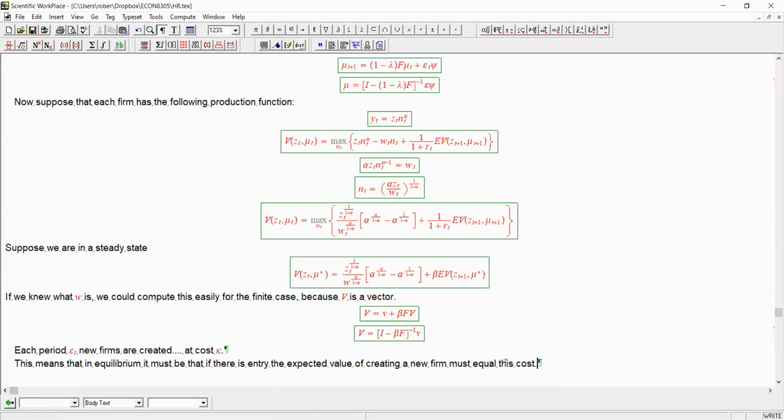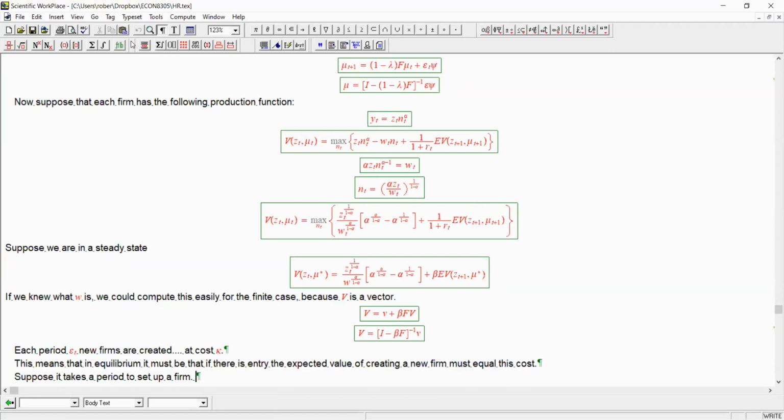Now, suppose that it takes one period to set up a firm. This is an assumption that's embedded in something we discussed earlier, which was that in the measure, when a new firm is created, its new productivity does not appear until the following period.